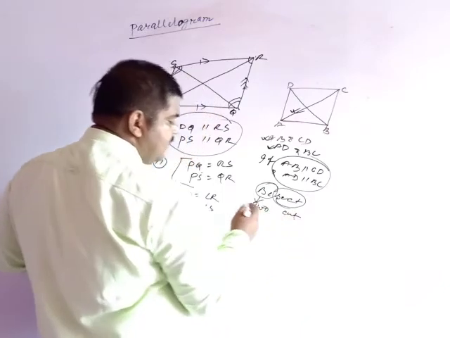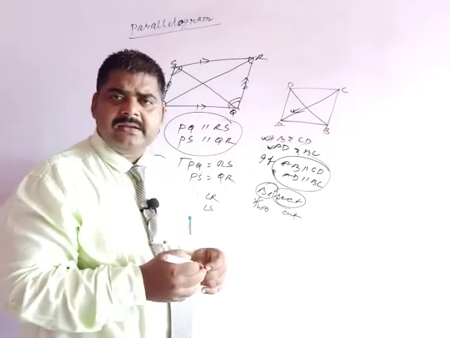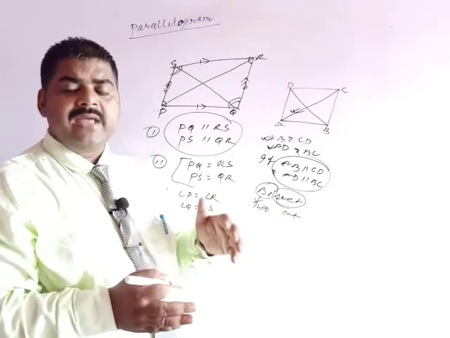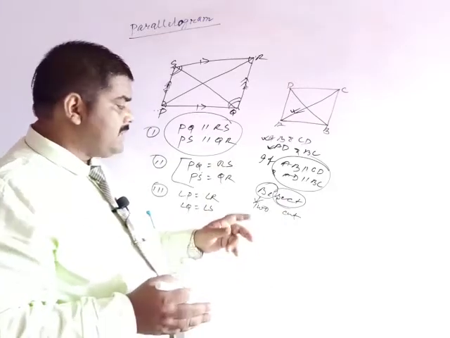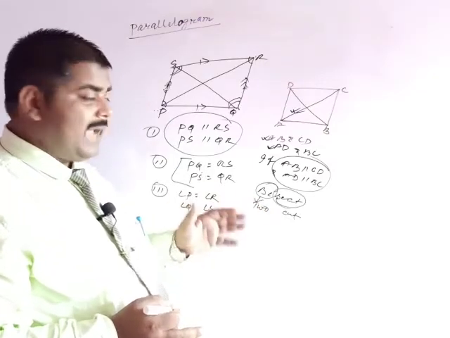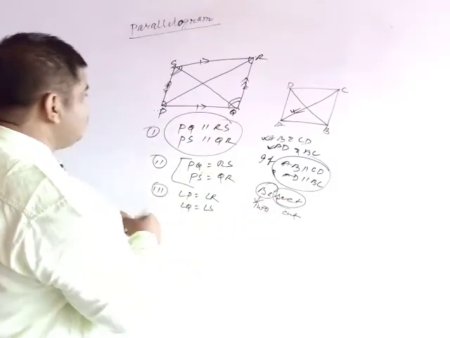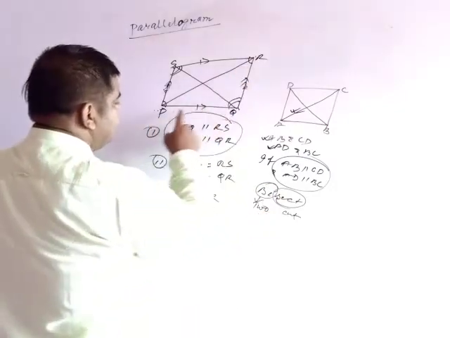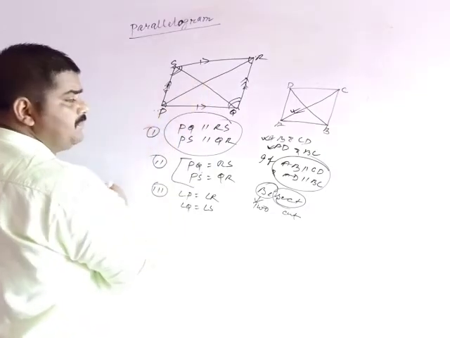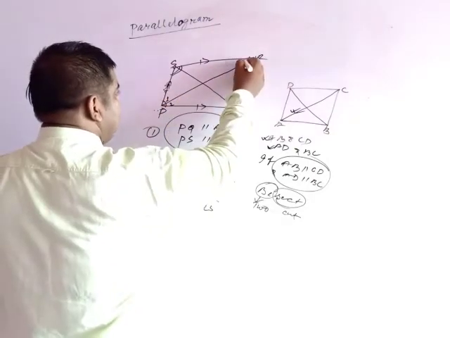When any angle or line segment has been cut into two equal parts, it is known as bisect. So when you draw the diagonal PR, it divides angle P into two equal parts, angles 1, 2, 3 and 4.